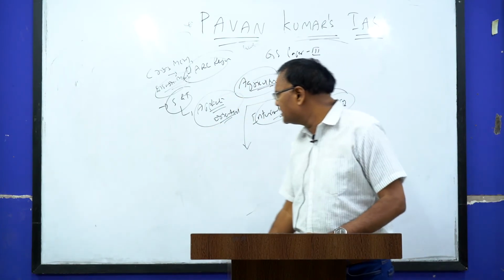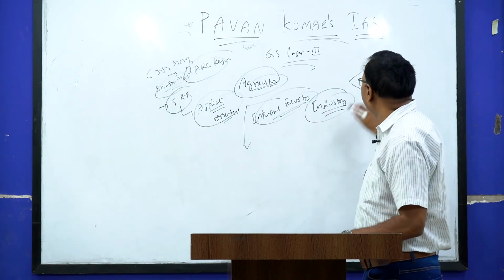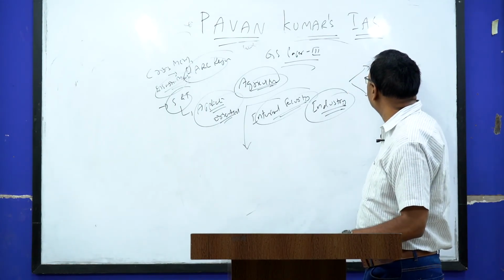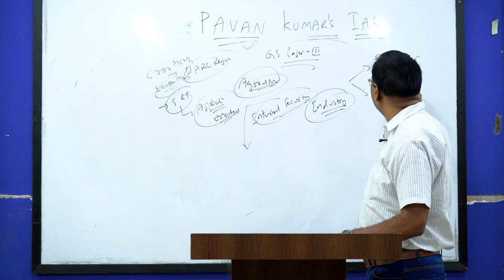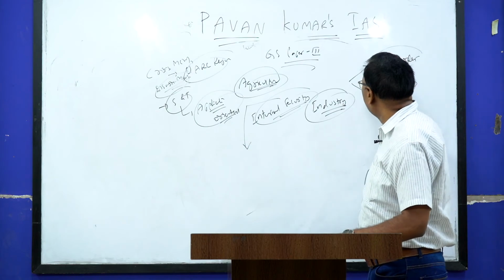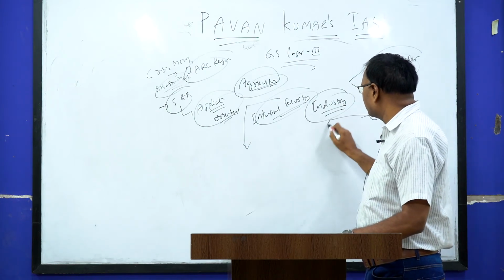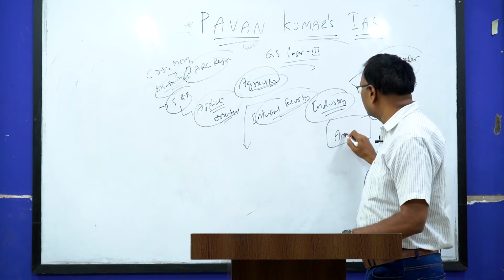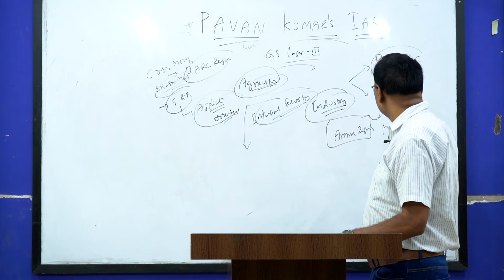All these topics in internal security, you can find the necessary information from two sources. One is the second ARC report on public order, and the second one is the report on terrorism. Apart from this, you will also get very important information from the annual reports of the Ministry of Home Affairs.